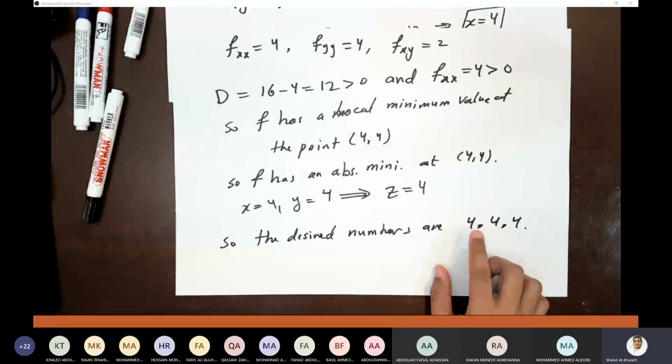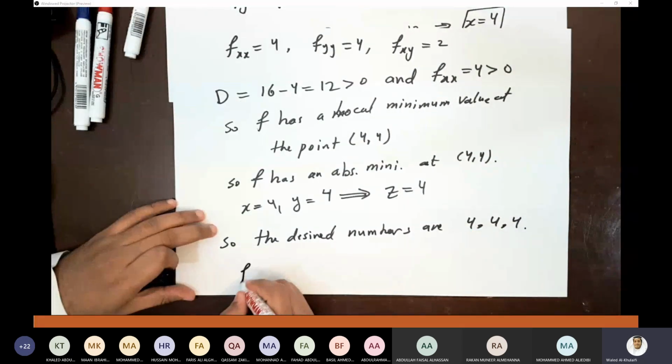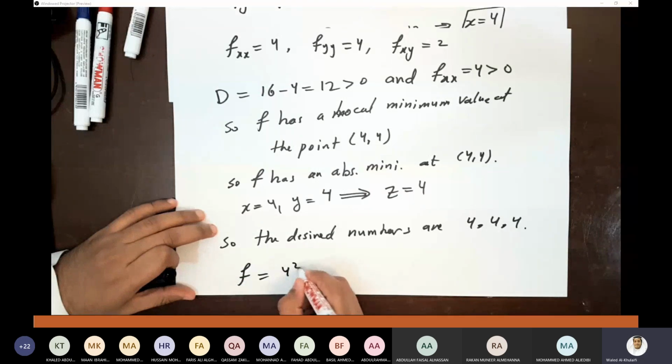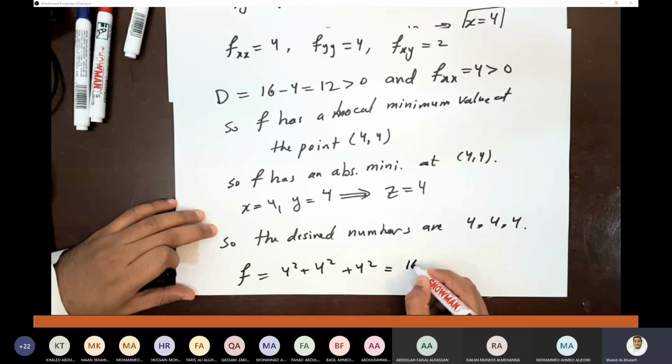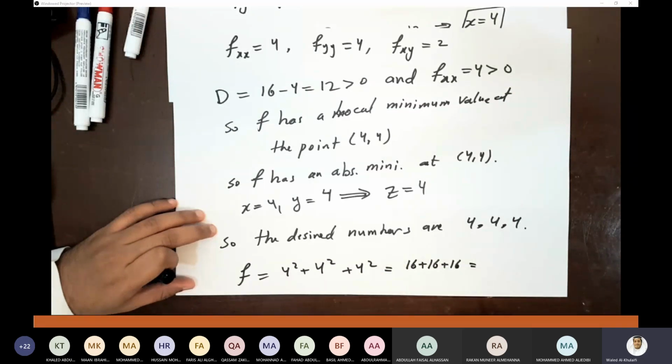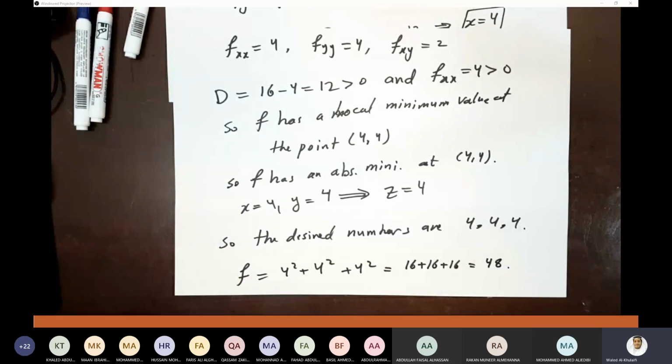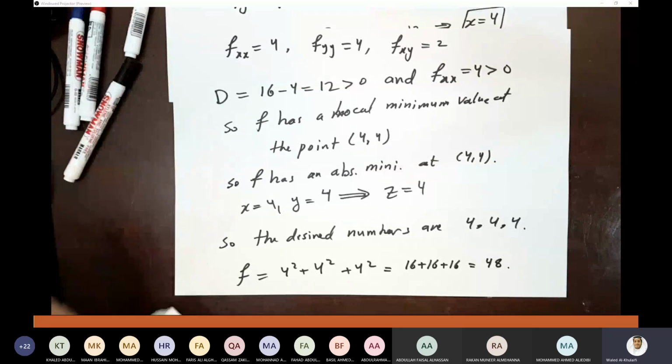The least, of course, because this would be equal to 4 squared plus 4 squared plus 4 squared, 16 plus 16 plus 16, 32, and then 48. Okay, 48. This is the least you can get for the sum of squares. Any question here?